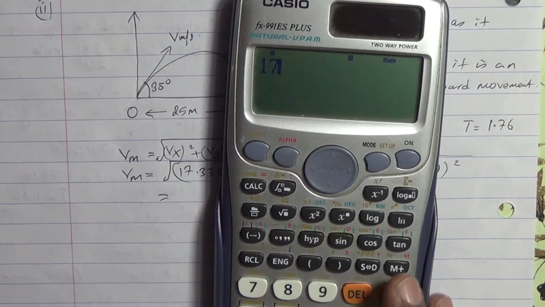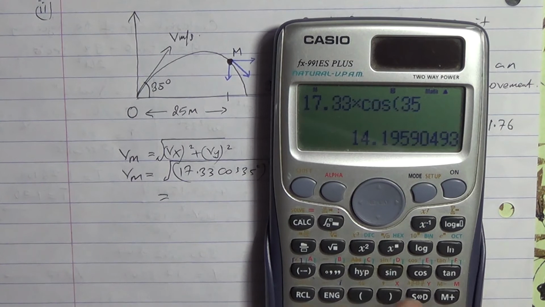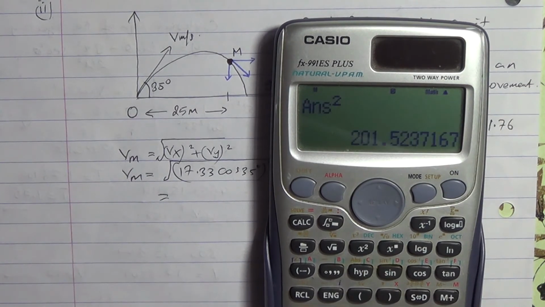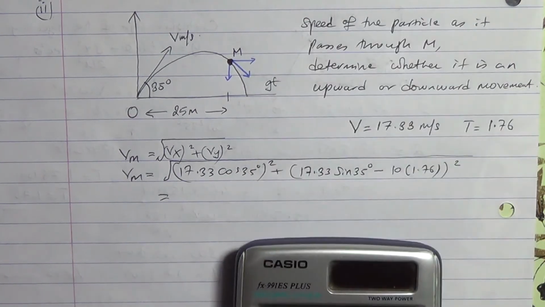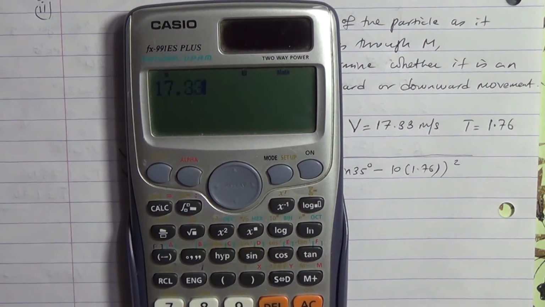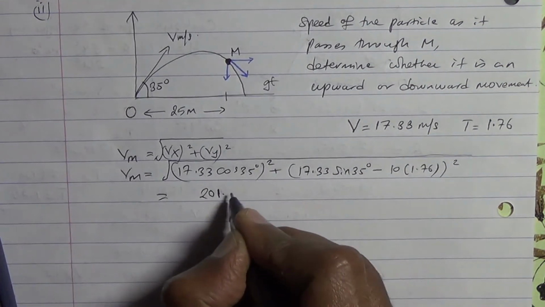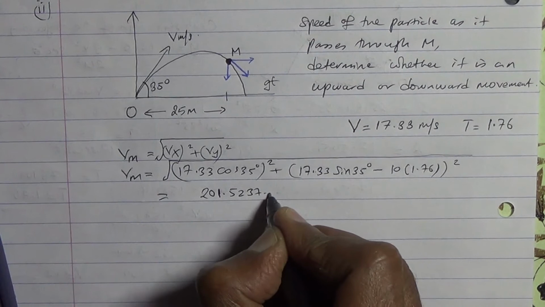So let's put it in a calculator: 17.33 times the cos of 35, and you square that. You should be able to get 201.523 and so on.